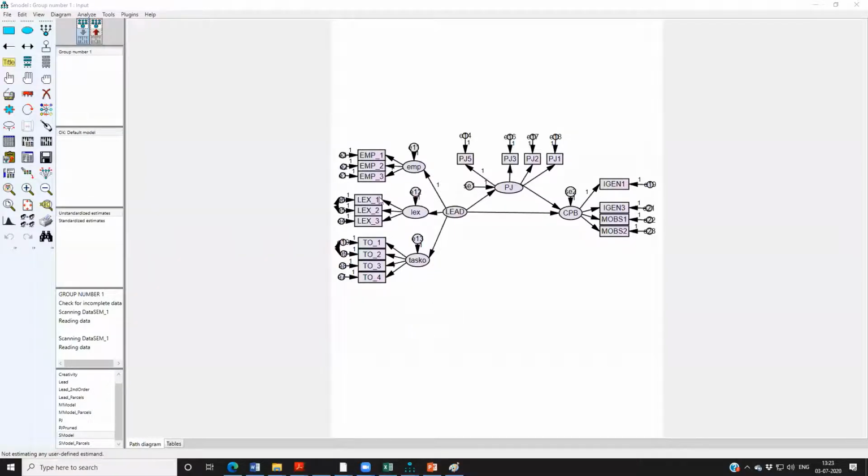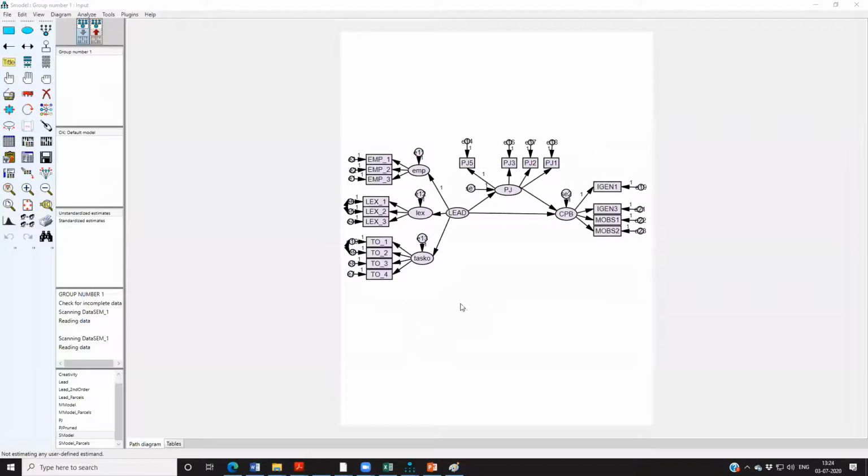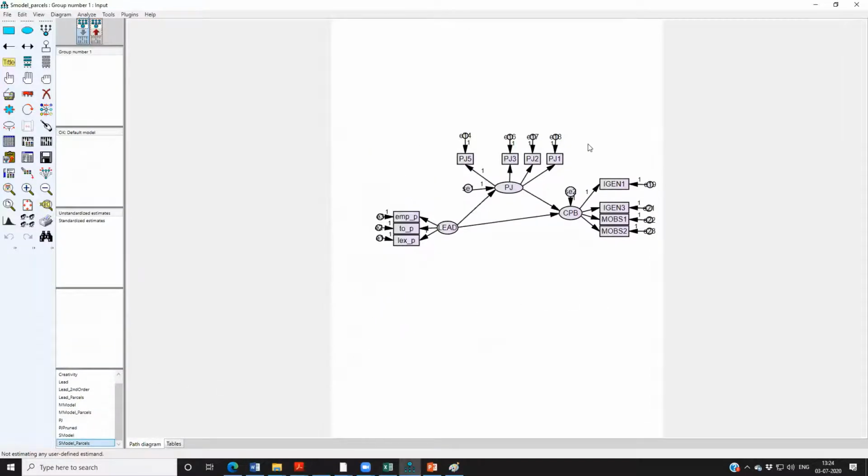So first, with all the items, you have to check the dimensionality, and then finally, so you see, I did the whole model without parceling, and now you can decide to go in for the parcel model. Now I am sure that this parcel that I have created is actually the right parcel. It is the parcel for AL. The next parcel is for AO. The last parcel is for AEs. And then only you could go in for doing the parcel. Right, so that is what we should do.